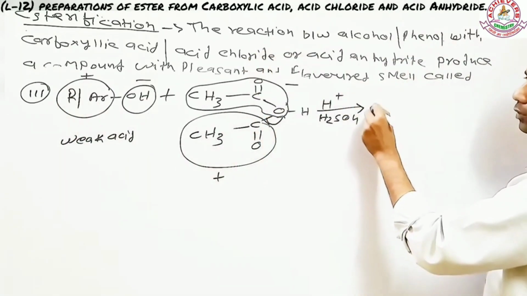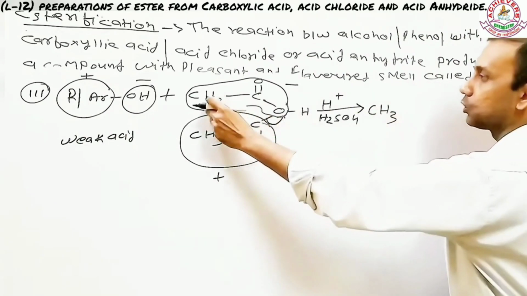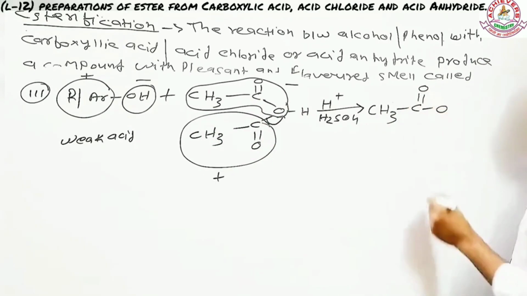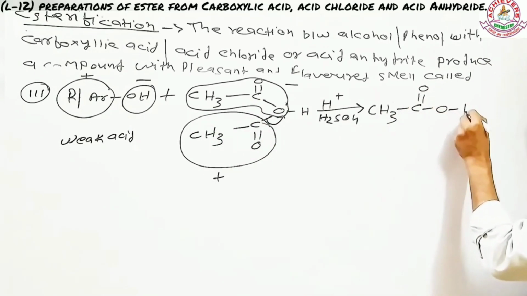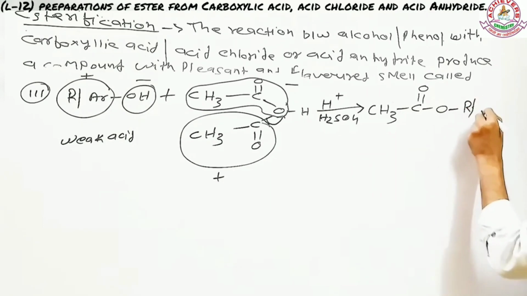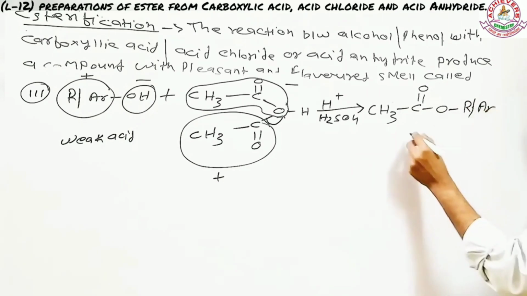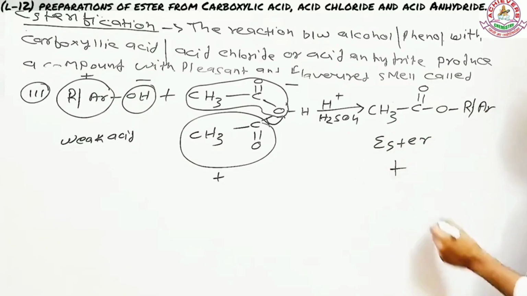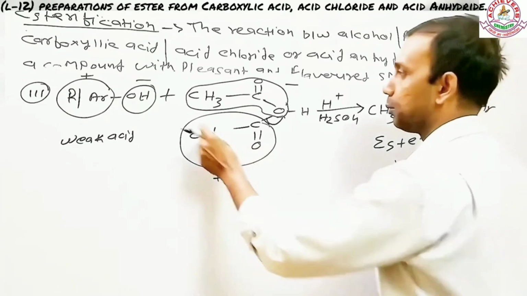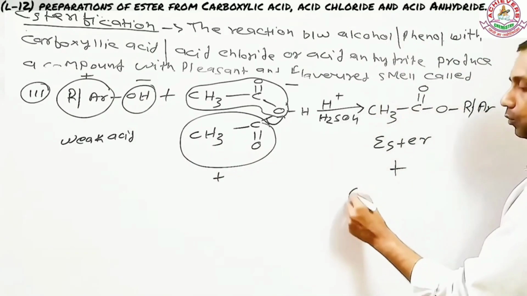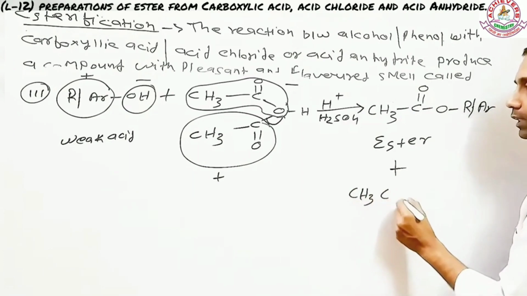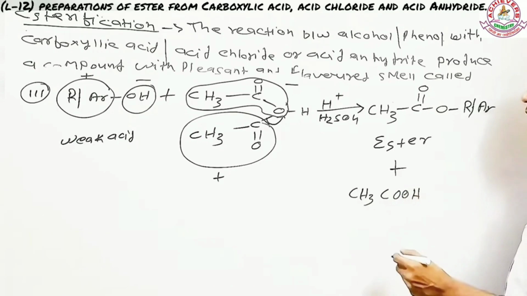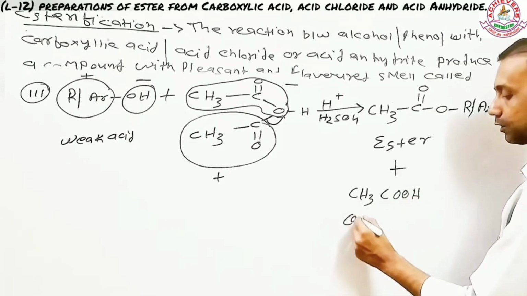So what I'm going to do right now, CH3, this one, you have C double bond O, there is a single bond O, and then you have R or Ar, which is your ester. Now along with that, another product which is going to be, this will come out with an OH. So this will be another alcohol, CH3, C, this will come out to be a carboxylic acid, COOH, right?